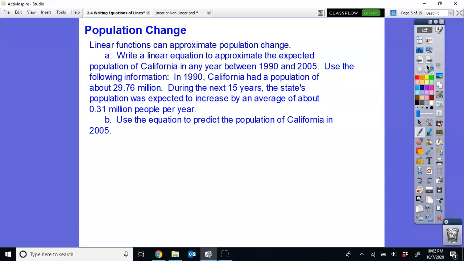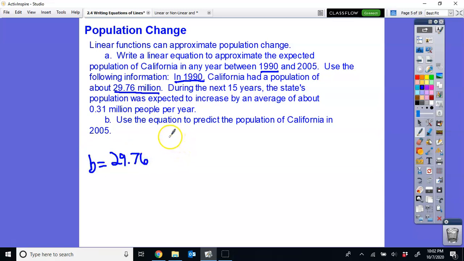It says in 1990, California had a population of about 29.76 million. Notice that's in 1990, the population was this. Why does that make a big deal? Because 1990 was the beginning year. So 29.76 is that beginning amount like we were talking about a little while ago.